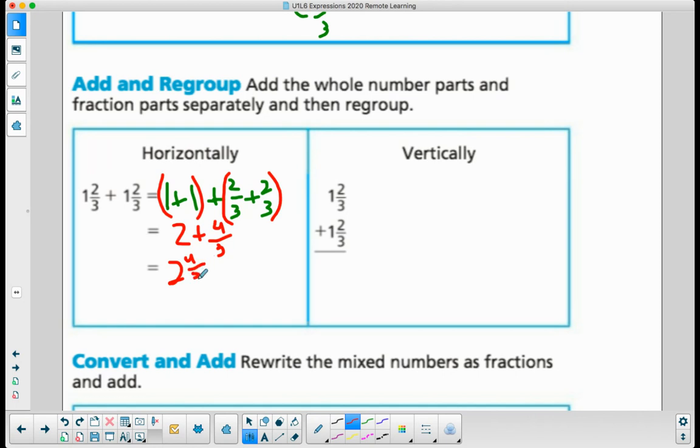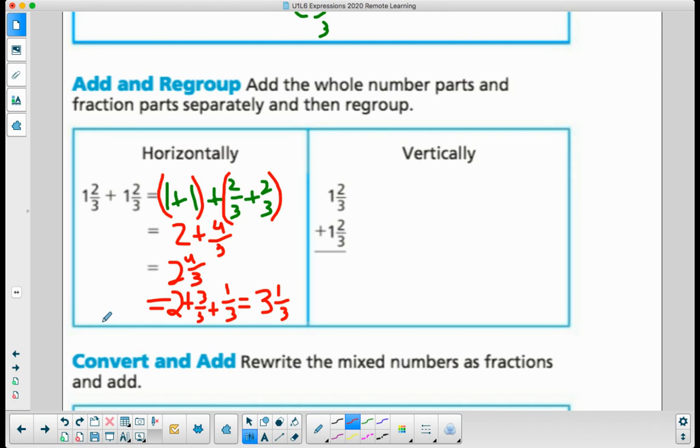Now I should notice when adding, what can happen is I can ungroup 3 of these thirds to give myself one more whole. So 2 and 4/3 is 2 plus 3/3 plus 1/3, because 4/3 is 3/3 plus 1/3. And now add that. 3/3 is 1 whole to my 2, gives me 3 and 1/3.